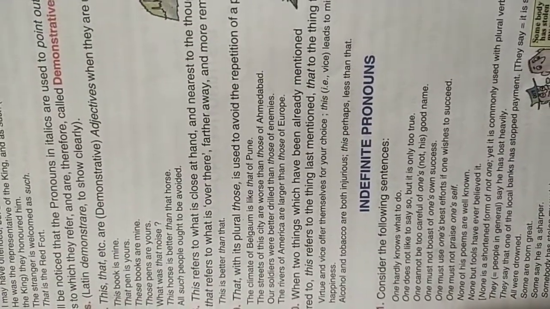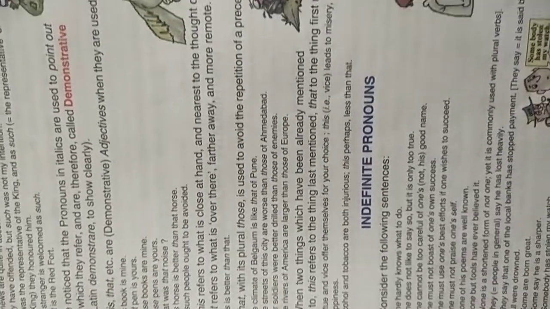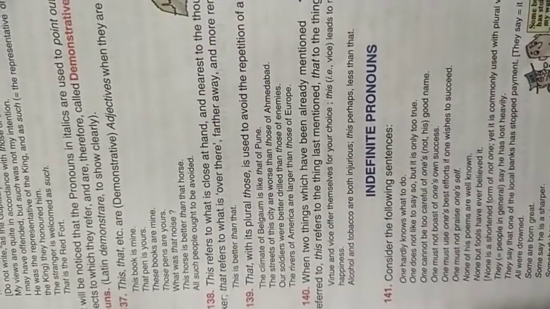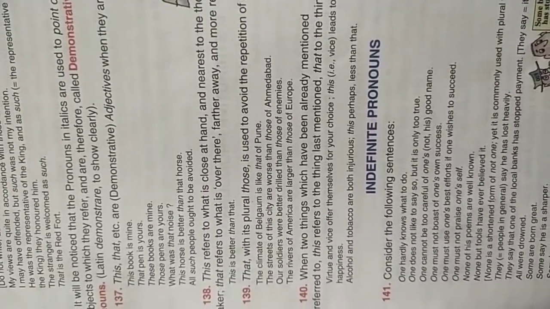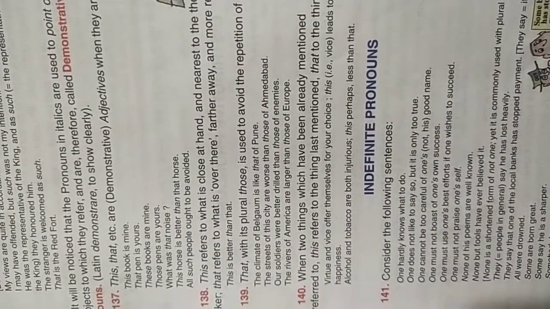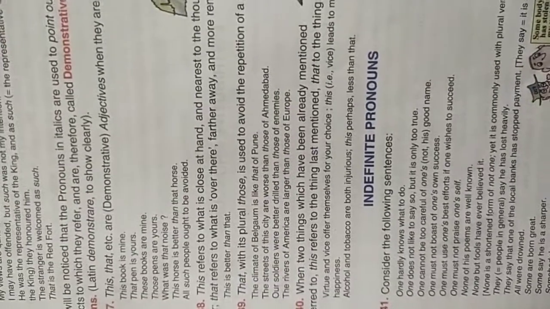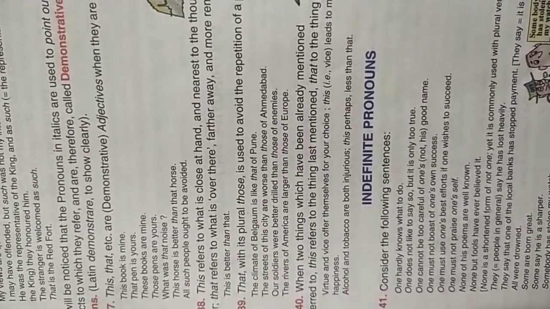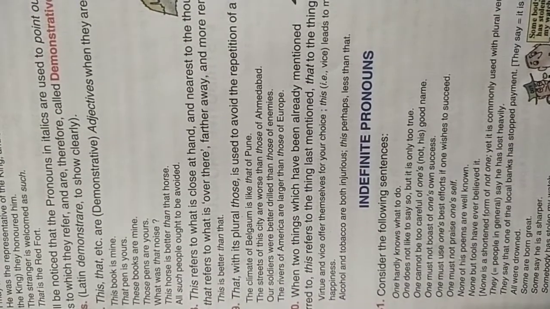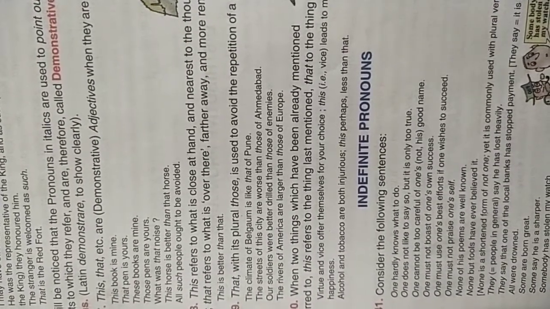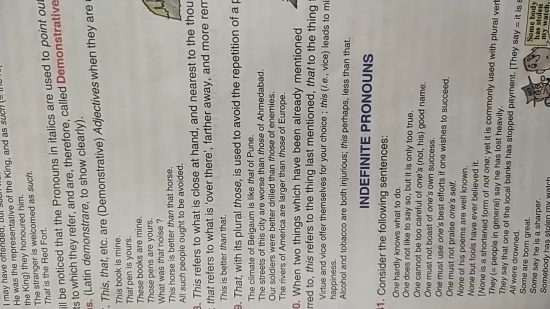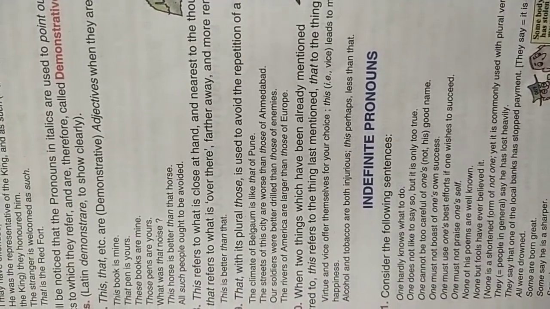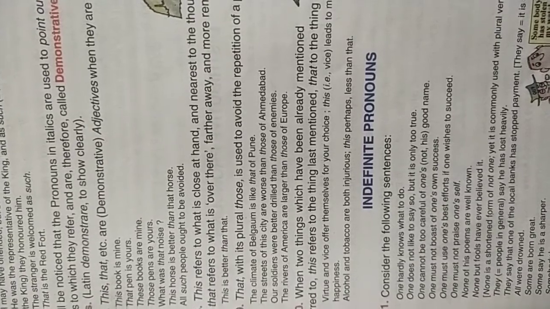One more thing, that is used to avoid the repetition of a preceding noun. Look at these examples. The climate of Belgium is like that of Pune. That is to avoid the repetition of a preceding noun, a noun we have already mentioned. What is the noun in this sentence? The climate. Climate is the noun. हम ये भी कह सकते थे, the climate of Belgium is like the climate of Pune.